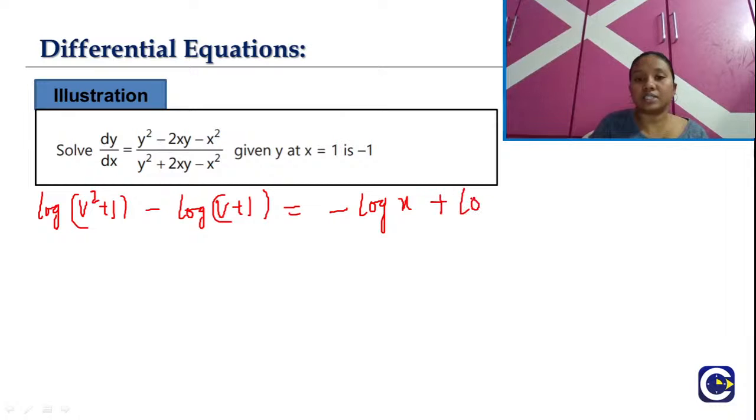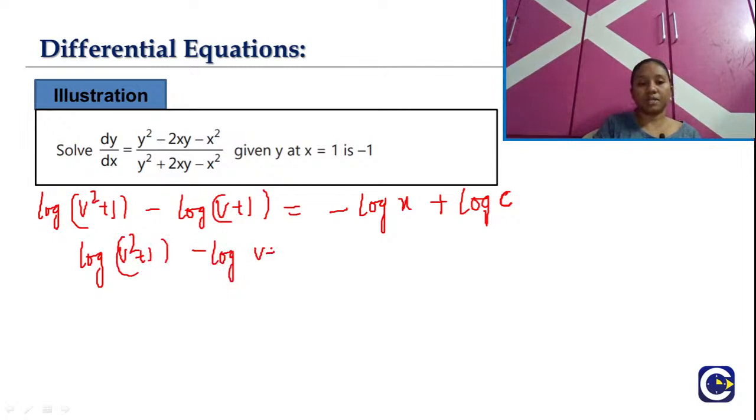Instead of constant c directly, as all the remaining terms are in terms of log, I'll be rewriting this constant also as log c. So I can take log common. I can even bring this minus log x to the other side. So then it will become log v square plus 1 minus log v plus 1 plus log x equal to log c.